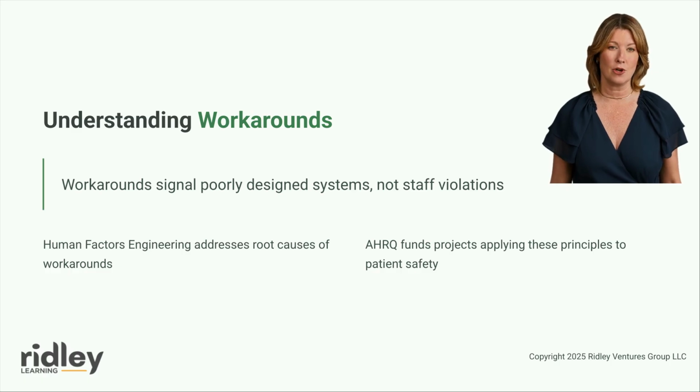The Agency for Healthcare Research and Quality actively funds numerous projects that apply human factors engineering to address a wide range of patient safety challenges, from improving diagnostic safety to making electronic health records safer and more effective. By systematically applying these principles, healthcare organizations can move beyond simply reacting to errors and begin proactively designing systems of care that are fundamentally safer.